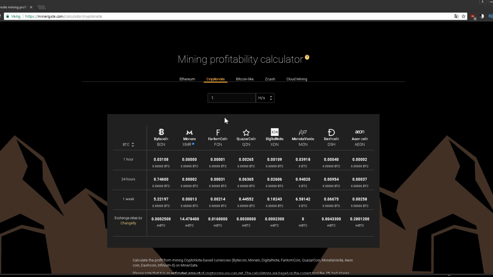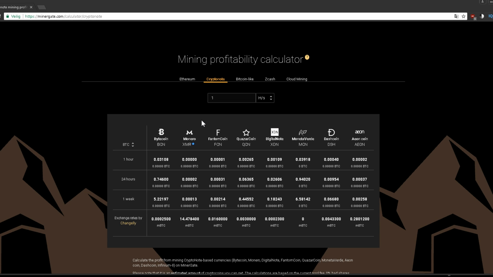So this profitability is only based on this moment right now. It doesn't include the fact that maybe Monero in a year will be worth nothing, if you understand what I mean. We can't look in the future.